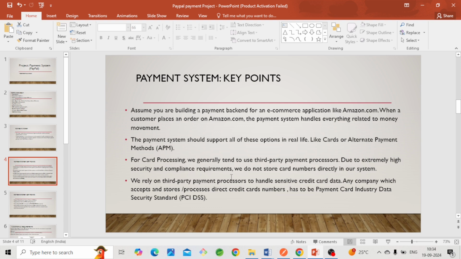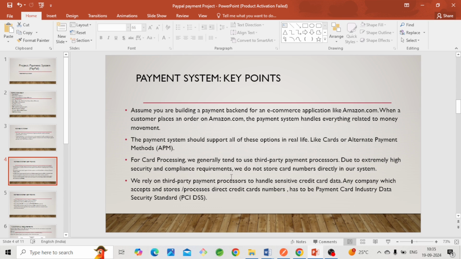Suppose an Amazon customer is on the checkout page and wants to make a payment. The e-commerce system does not directly handle the payment process; it gives that processing to a third party. That third party also does not communicate directly with the e-commerce system.